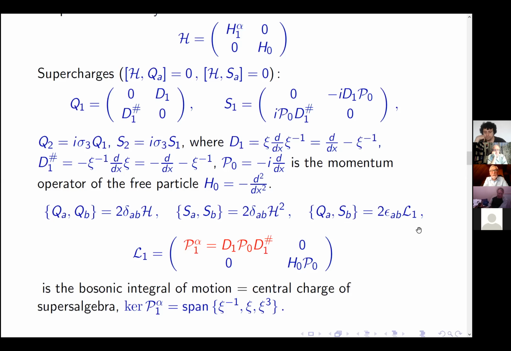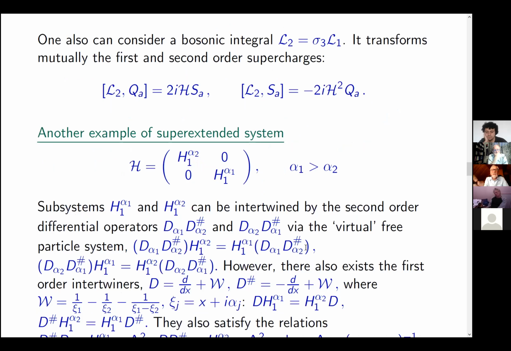And this bosonic integral, in the case of a system characterized by unbroken supersymmetry, is a central charge of the superalgebra. It commutes with the Hamiltonian and with all the supercharges. But in principle, one can construct another bosonic operator, and this other bosonic operator will mutually transform these two pairs of supercharges of different nature.